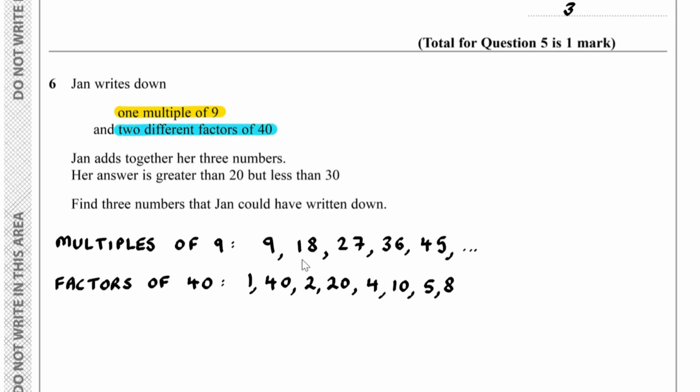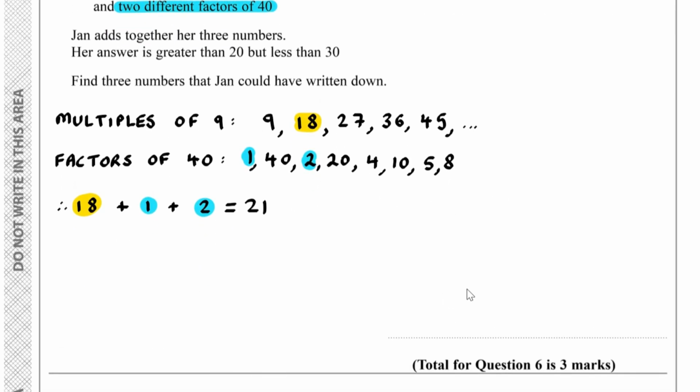If I add together the 18 and the 1 and the 2, well, we have 18 plus 1 plus 2, so the 18 is a multiple of 9, 1 is a factor of 40, 2 is a factor of 40, we get a result of 21. 21 is greater than 20 but less than 30, so the 3 numbers we could have written are 1, 2, 18.